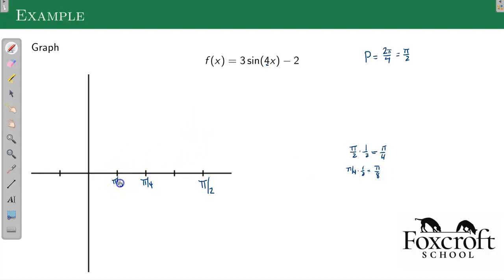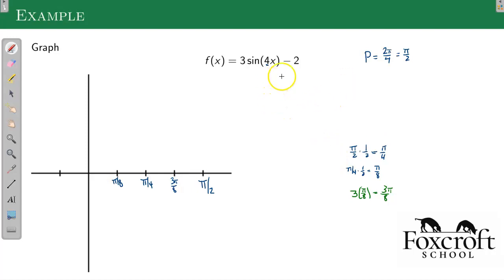That's an 8, not a 0. And I'm missing this one here, but now that I know that each tick mark is a distance of pi over 8, if I do it 1, 2, 3 times, I'm going to get that missing tick mark. That's pretty much exactly what we did when we learned the period, nothing different there.